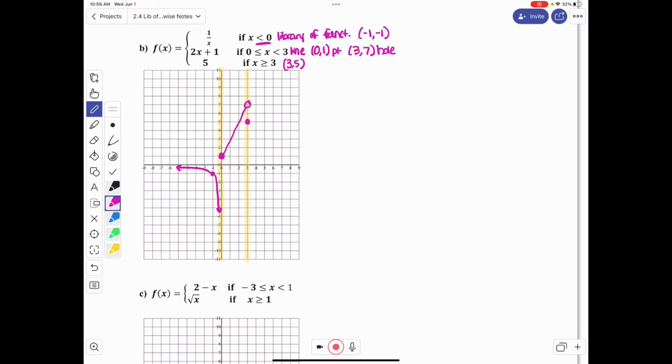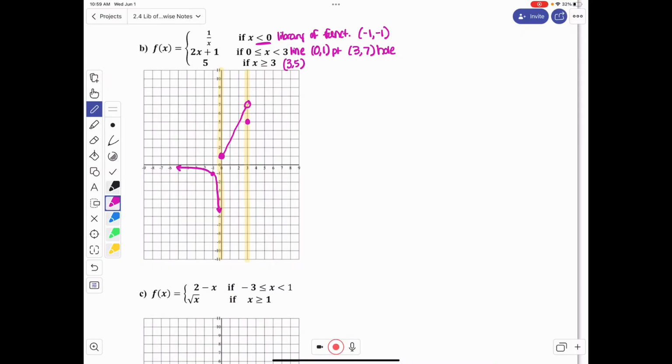And notice that we've got that asymptote there, but we do have a point at 0, so we're good with 0. And even though we have a hole right here, we do have a point right here, so we're good. And it's going to the right forever. Let me switch and do pink. So domain is negative infinity to infinity.